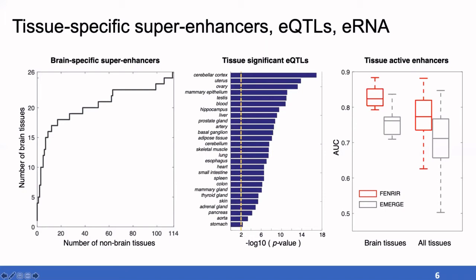But we use super enhancers, eQTLs, and eRNA, since those signals have different aspects of tissue specificity, and they all contribute to the enhancer story. In all studies, I see signal differences compared to the background signals, between brain tissues versus non-brain tissues. So we capture some signal.